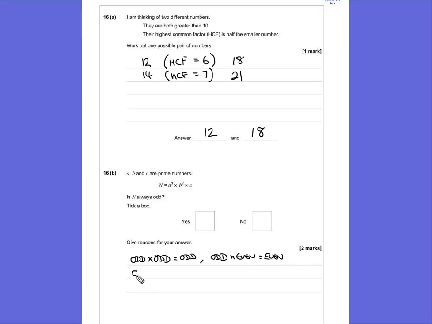If we had an even value from the first 2 multiplying together, multiplied by even, would give you an even answer as well. So if c could be an even value, it doesn't matter what the first 2 numbers are, then the answer would be even and prove that the answer here is wrong.